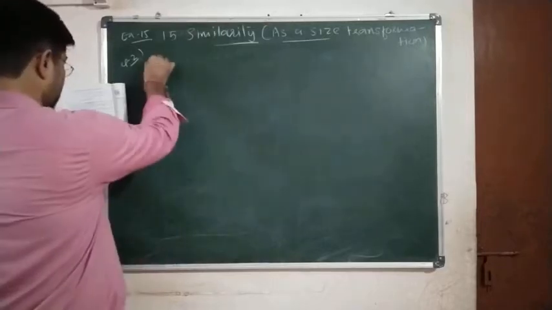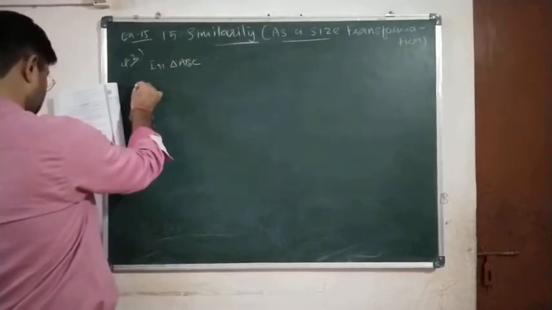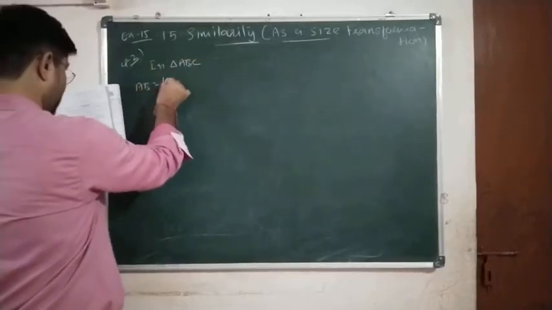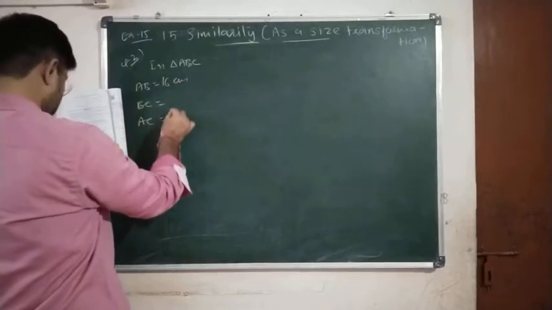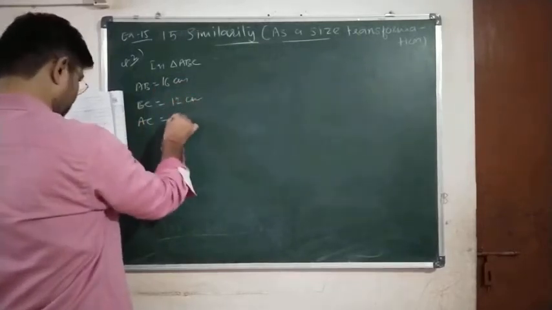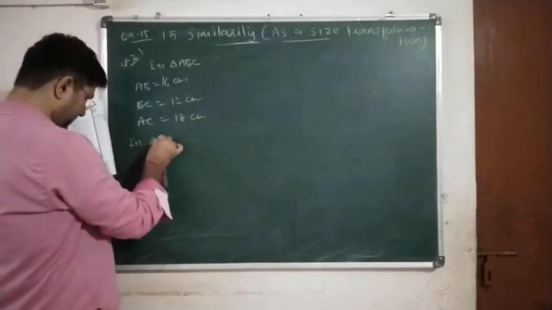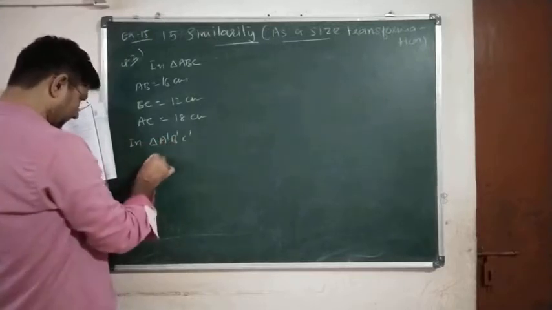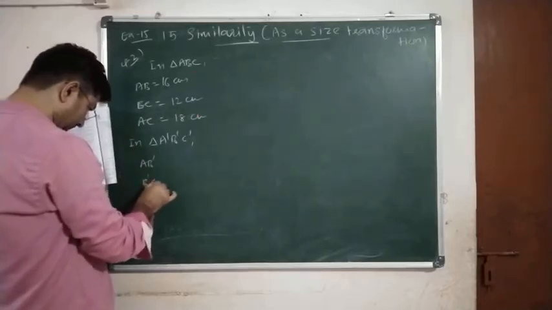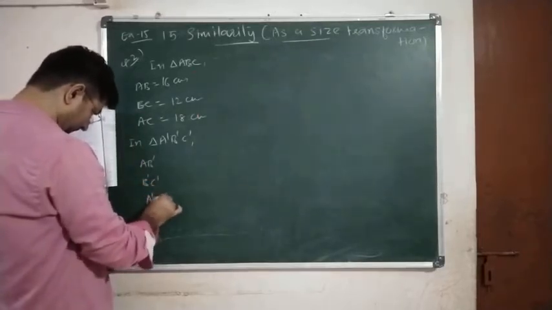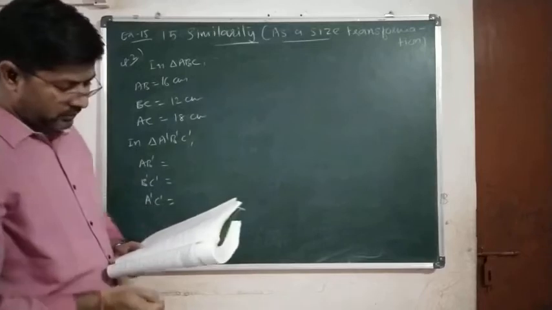In triangle ABC, AB is given 16 centimeters, BC is 12 centimeters, AC is 18 centimeters. Now triangle ABC is reduced to triangle A'B'C'. Yes or no? Here A'B', B'C' and A'C', we have three sides. Okay, now let us read the question.